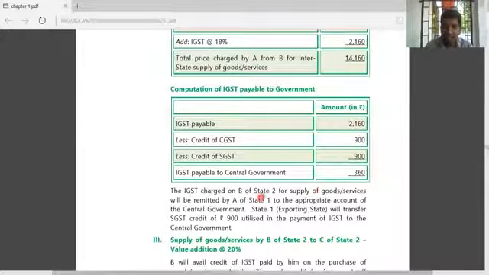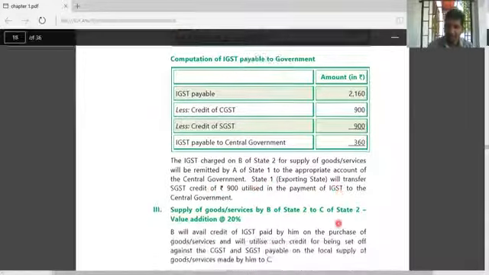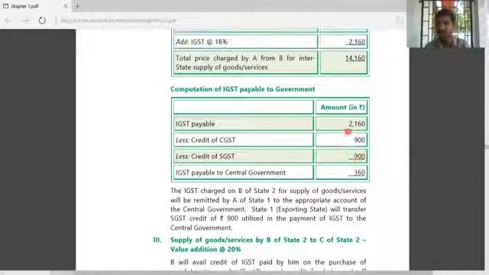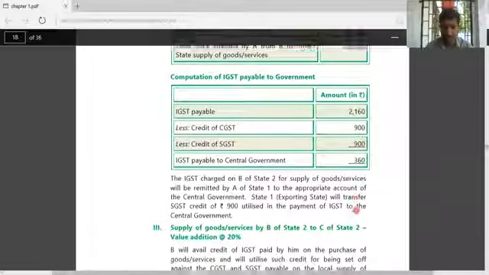So the IGST charged on B of state 2 will be remitted by A of state 1 to the appropriate account of central government. State 1 will transfer SGST credit 900 utilized in the payment of IGST. So this SGST will be transferred from that state government's fund to the central government fund.